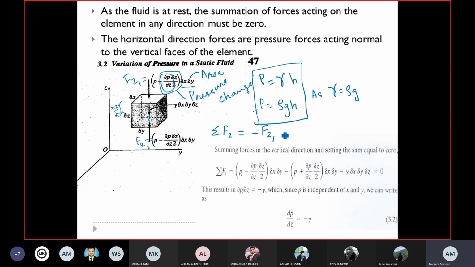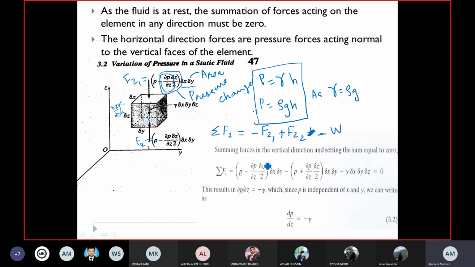Then Fz2, which is positive, minus W. W is the weight of this wedge-shaped element, which is gamma multiplied by delta x, delta y and delta z. Okay, so just expand all the parameters of this summation.